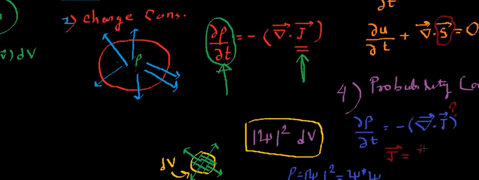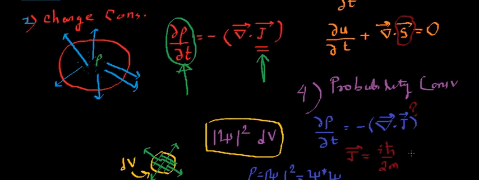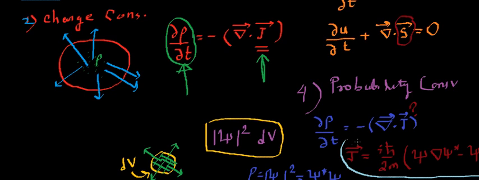J is i h cross divided by 2m, times psi gradient psi star minus psi star gradient of psi. I know it's a bit non-intuitive. This comes from purely mathematical considerations, but it will become more intuitive when we look at some scattering problems.